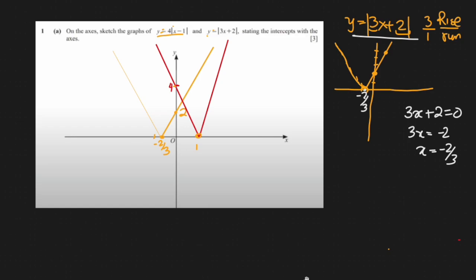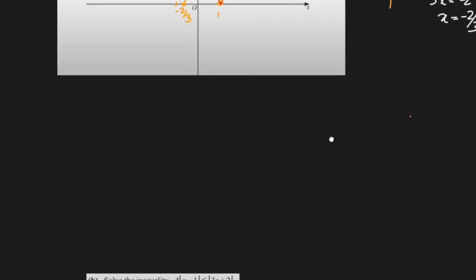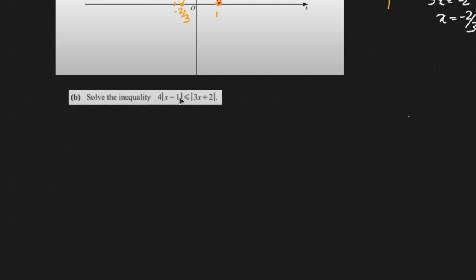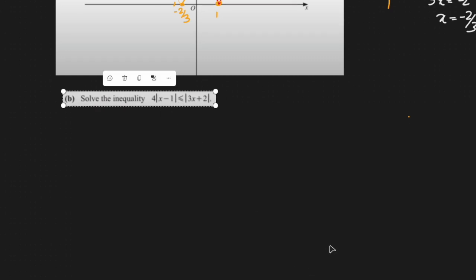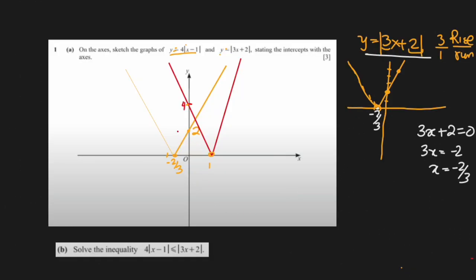Let's move on to the second part of this. Solve the inequality. And what is that inequality? That the first absolute is less than the second one. So where is this red graph lower than the graph of 3x plus 2? It is lower here.